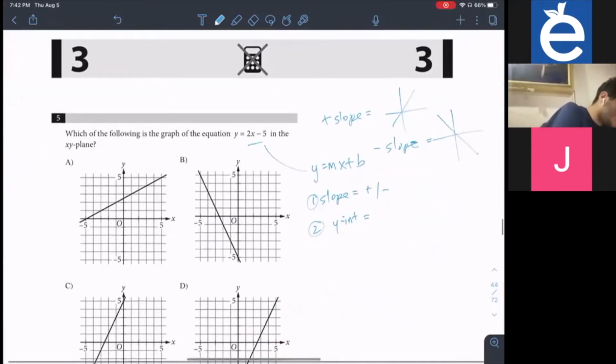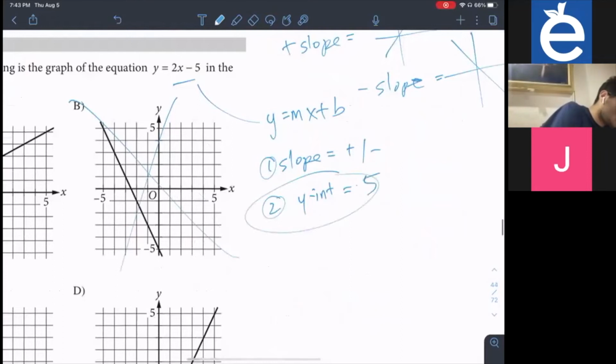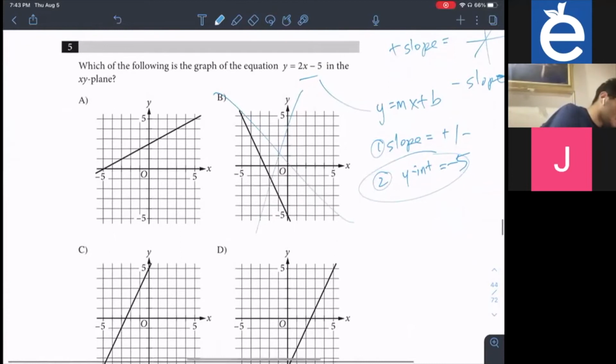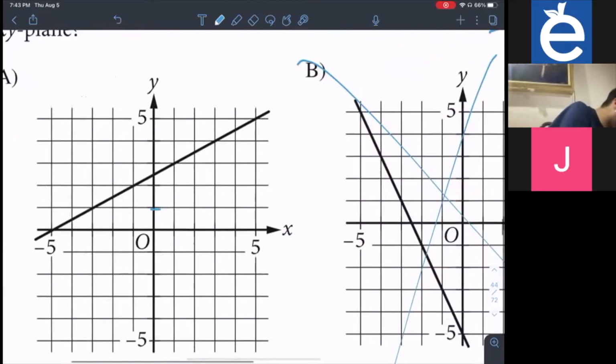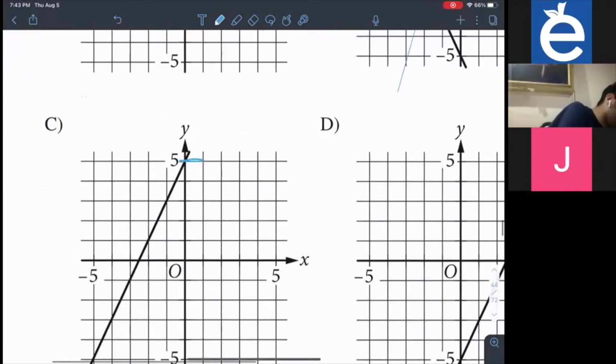So since this is a positive slope, we know B is out because this is a negative slope, so that can't work. And now the y-intercept, which is -5, we have to see where it's -5 as a y-intercept. This is at 1, 2, 3, so around 2.5, which is not it. This is at +5, but not -5.